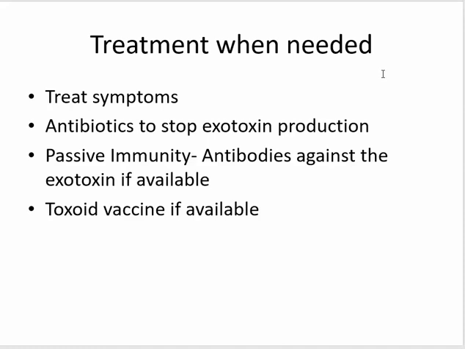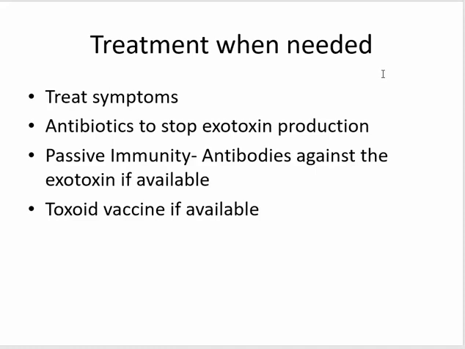You need to stabilize your patient and treat any symptoms that are there. And then for many of these, we also have passive immunity. We have antibodies that we can give to the patient that will grab on and neutralize any exotoxin currently floating around while we're waiting for your body to start producing its own antibodies.